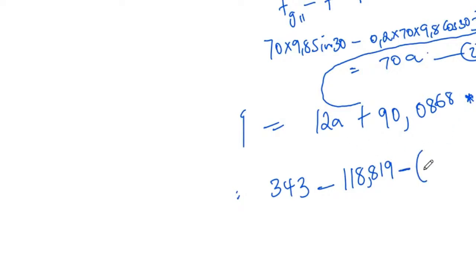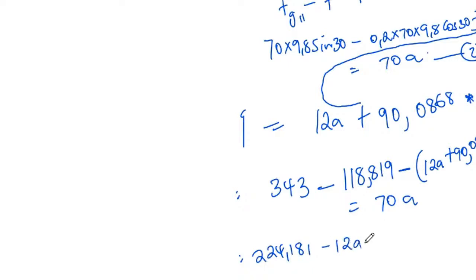Three decimals, that's for the sake of accuracy. Then I'm replacing the T, which is 12A plus the 90.0868. We said it must give us 78. Let me just open the brackets first: 343 minus 118.819 gives me 227.181.